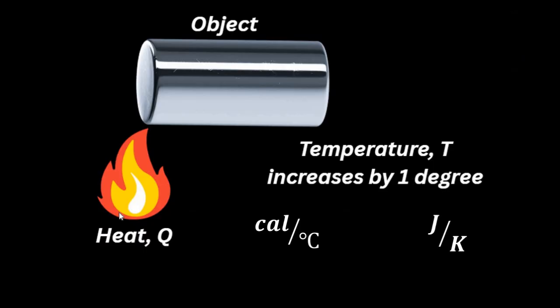So let us say we have an object, any object. Here the mass of it is not specified. There is no mention about what is the mass of the object.